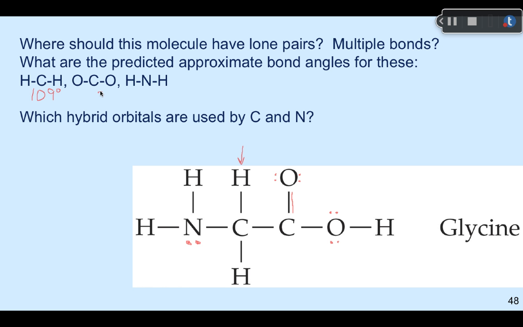So if you have 3 charge clouds around that carbon, that would give us 120 degree angles expected around that carbon atom on the right.